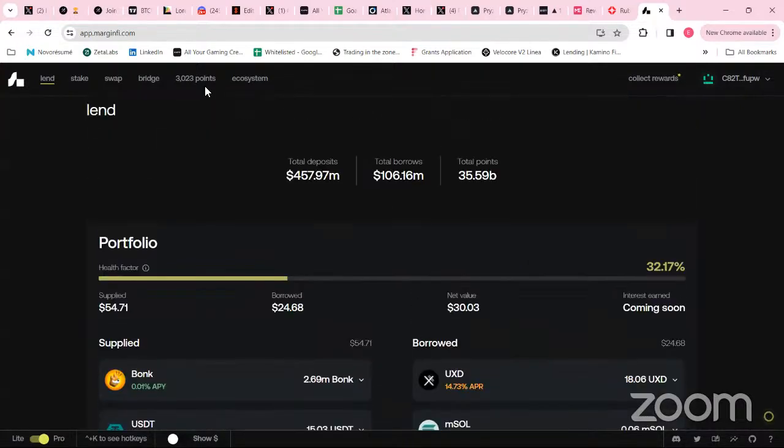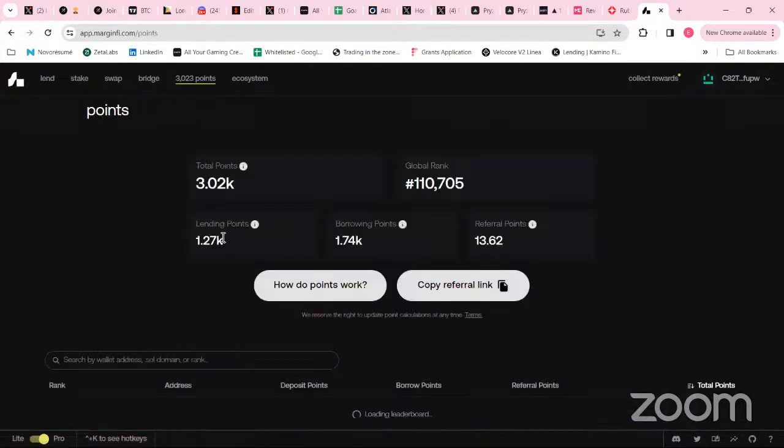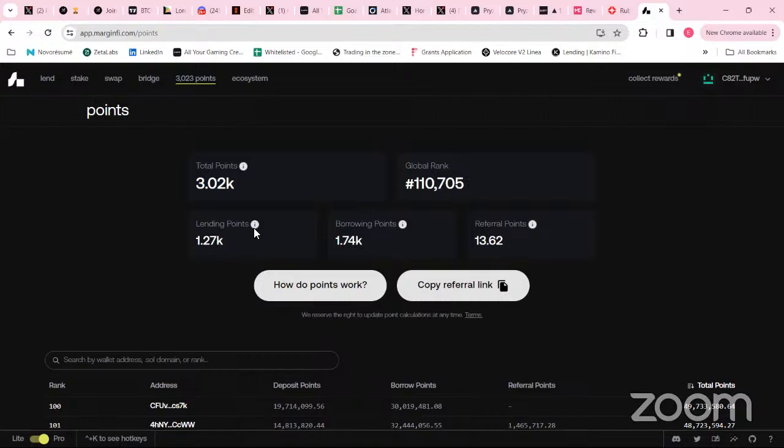So you would be getting both lending points and borrowing points. My global rank shows that I'm very low, there are over 110,000 people above me. I'm getting lending points and borrowing points, but I don't really have any referrals. That's just another way for you to be eligible for the MarginFi airdrop.